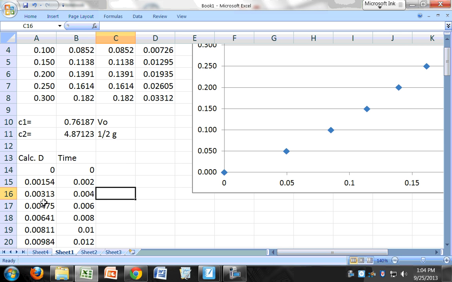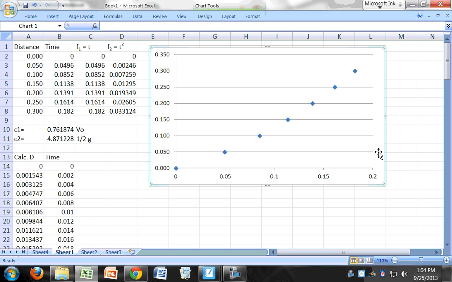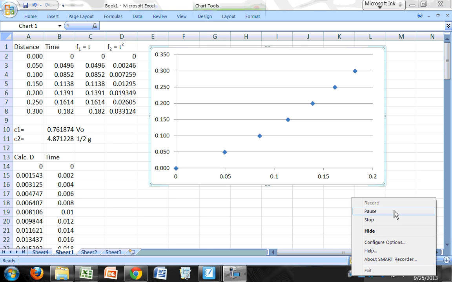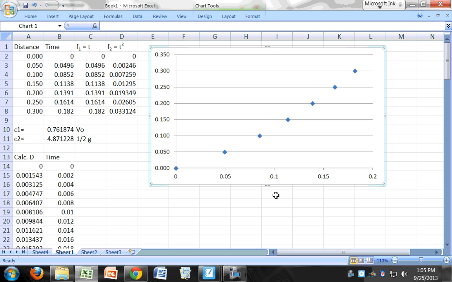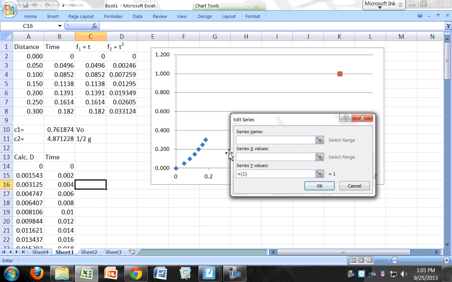All I have to do now is add this to my chart, okay? So if I add that to my chart, I go back to my chart, okay? I think you need time to get caught up. Okay, let me pause. All right, so what I need to do now is go back to my chart, click on design, select data, and now I add another series to my chart, okay?